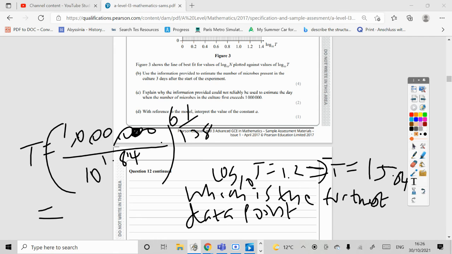And I'm getting about 69 roughly. Hopefully you get the same as me. So what we could say is this will be an extrapolation of data, and so would not be reliable. That will do the job. Okay, 2 marks for that one.